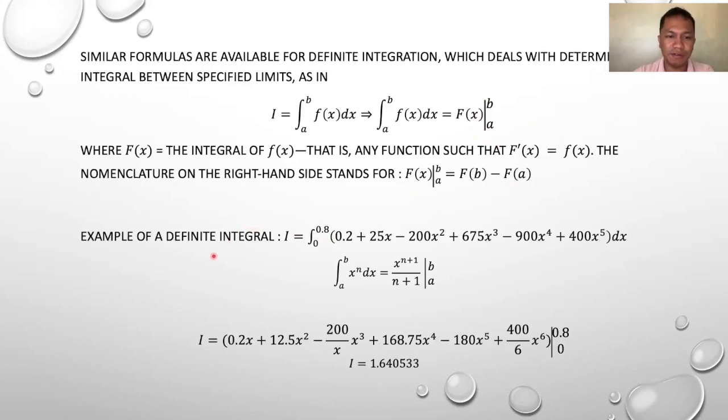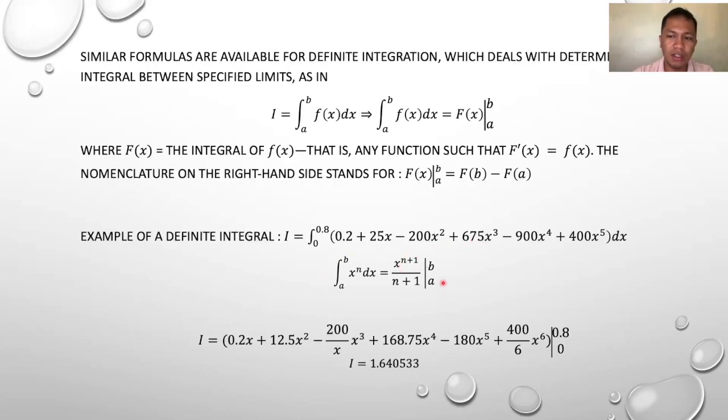The example of a definite integral is this one. This case is the function of a simple polynomial that can be integrated analytically by evaluating each term according to the rule. So we'll be using this one.